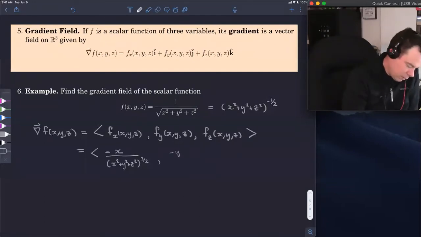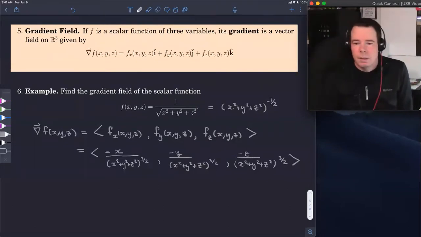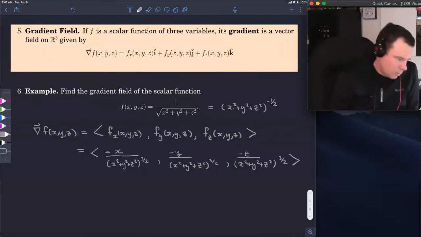Similarly for the next one, it's negative y over x squared plus y squared plus z squared to the 3/2. And we get negative z over x squared plus y squared plus z squared to the 3/2. And so there's our gradient vector field.